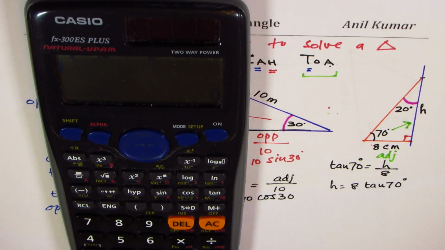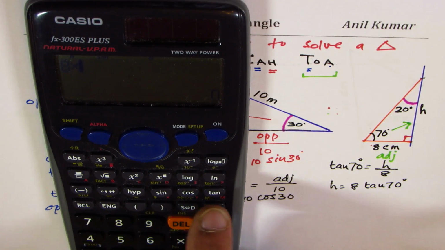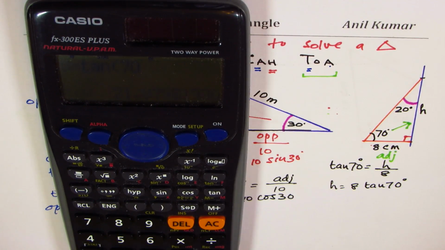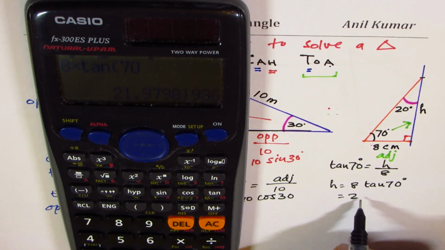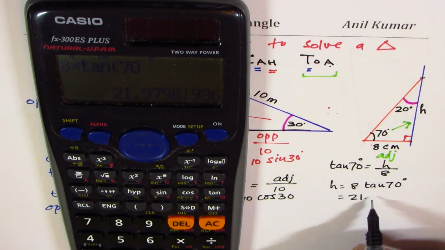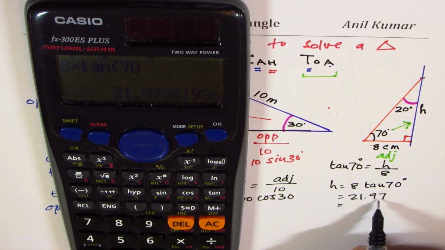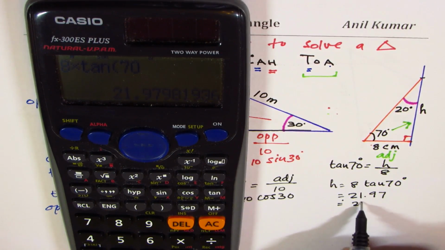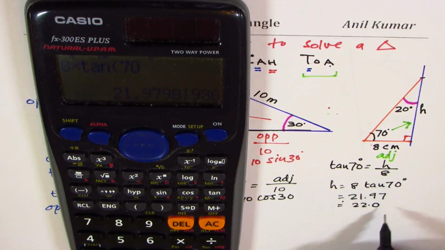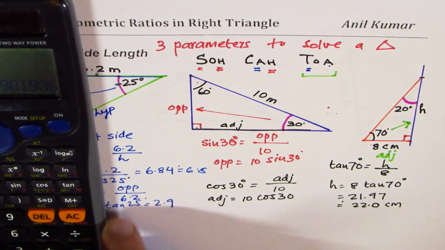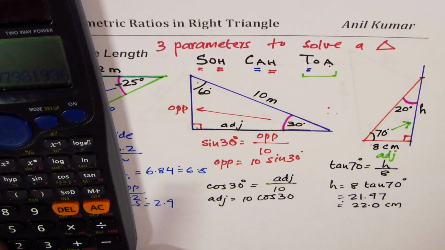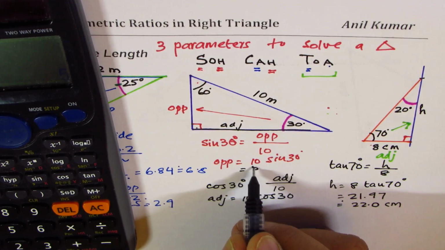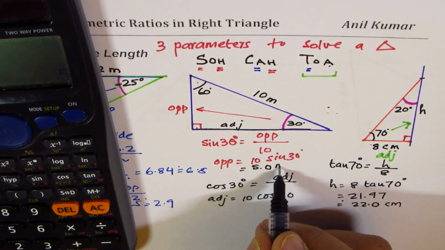Here are my calculations. We'll round to one decimal place. 8 times tan of 70 degrees is equal to 21.97, right? So we'll round to one decimal place, which is 22.0, and the units are centimeters, correct? The other two here are 10 times sine 30 degrees, which is equal to 5, so this is 5.0 meters.